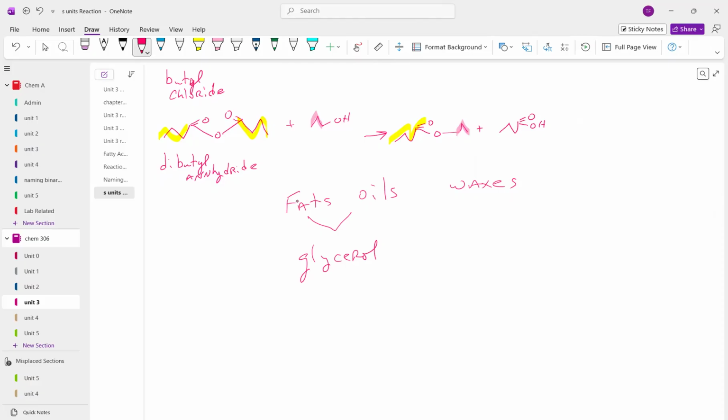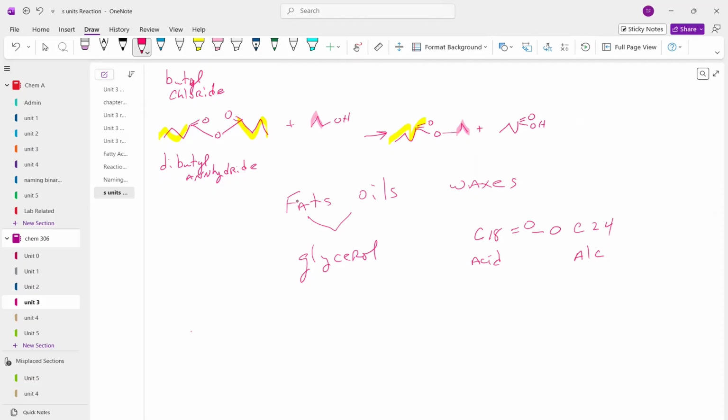So I may ask you a question like draw a simple wax. So all you're going to do is, you have something like an 18, 20 carbon acid made to a long, long alcohol. So let's use stearic acid, which is C18.